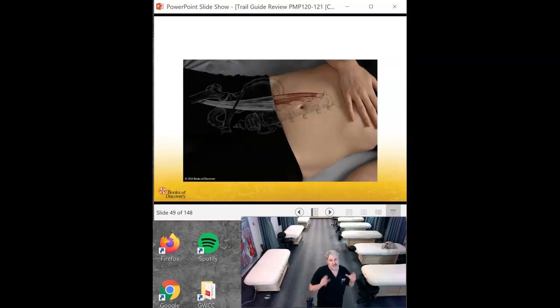Let me help you with this. As you're thinking about this major muscle, I really should come up with a better clue for this. Try to catch if I can give you a clue to it.